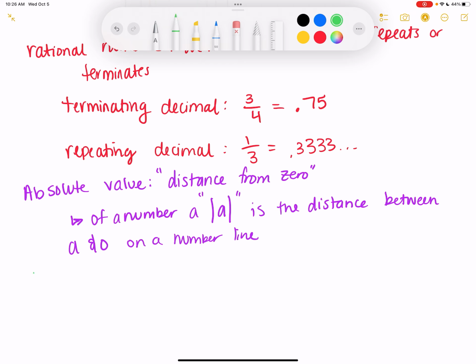We also have conditional statements, which you may have heard about in science class at some point. If you haven't yet, you will. But these are also called if-then statements.